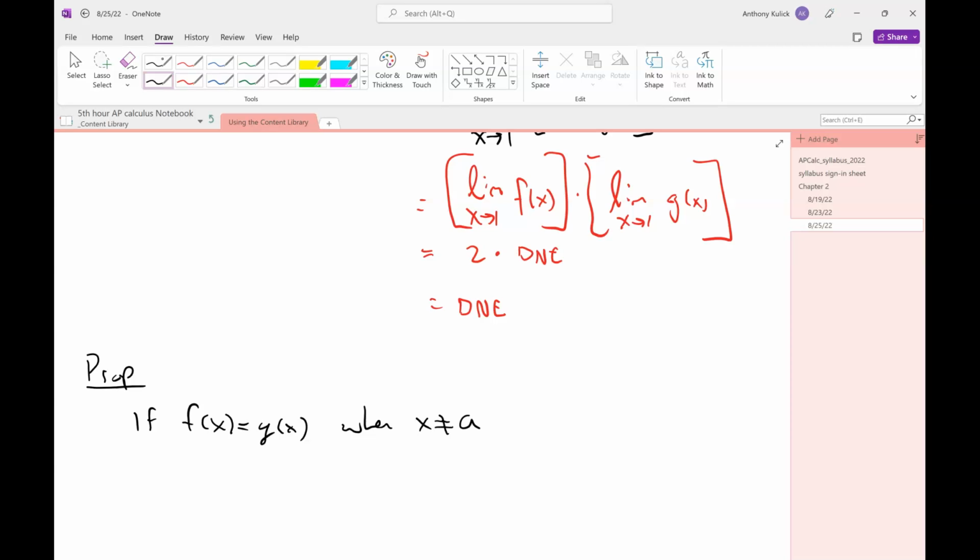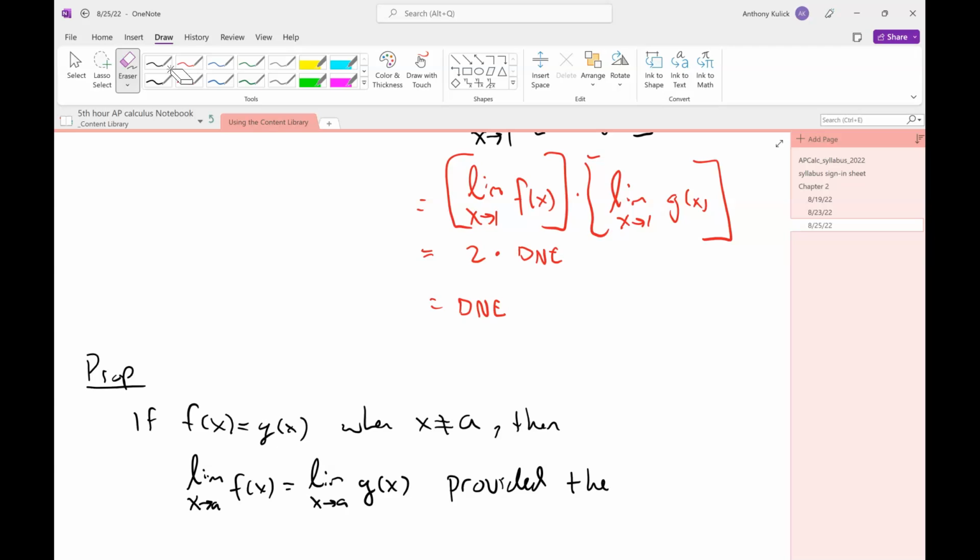They should have the same limit, provided what? What little caveat do we have to add in there? The limits have to exist, right? Because you can't say does not exist equals does not exist.